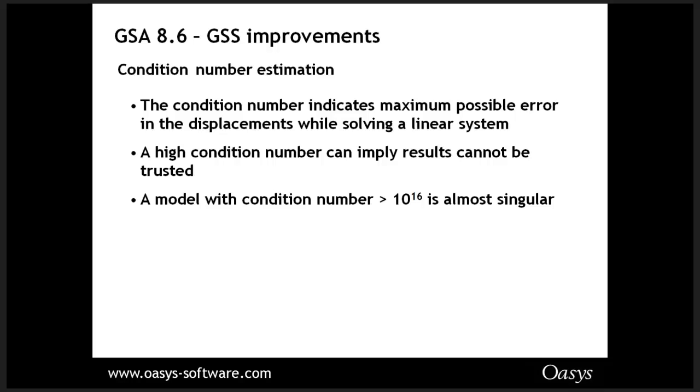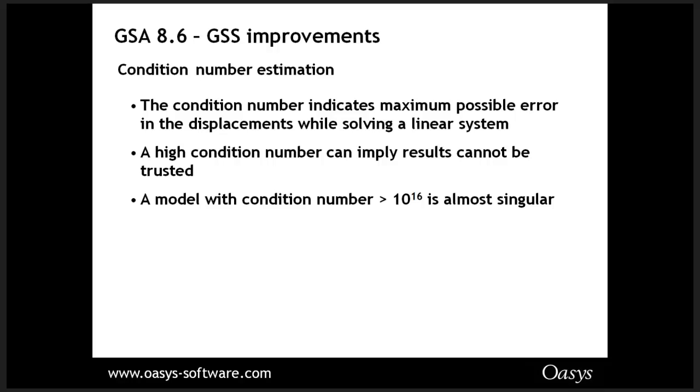These errors occur because of the rounding inherent to calculations within any finite element software. The condition number now gives you a firm handle on how much error can be introduced by the rounding of floating point numbers.